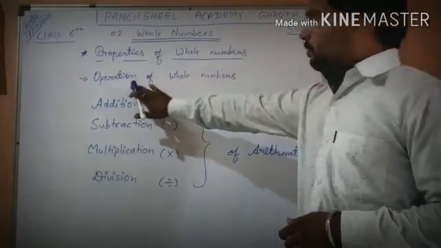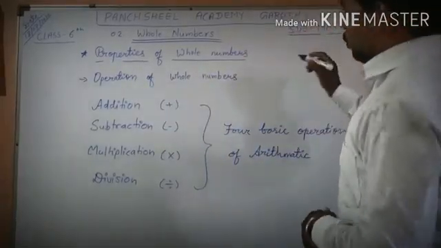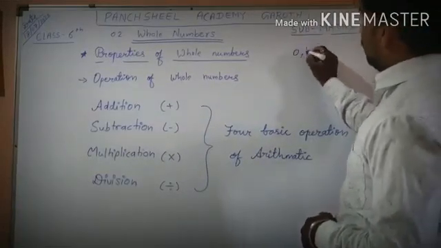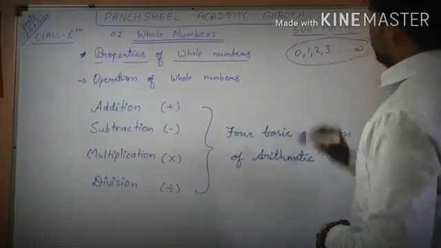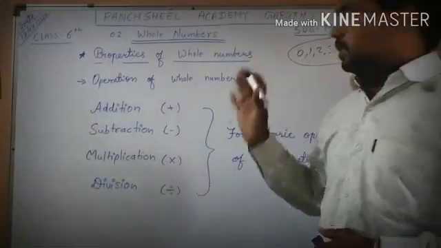First we discuss operations of whole numbers. Again, I have to tell you what a whole number is. Whole numbers are 0, 1, 2, 3 to infinity. So from 0 to infinity, these are whole numbers.